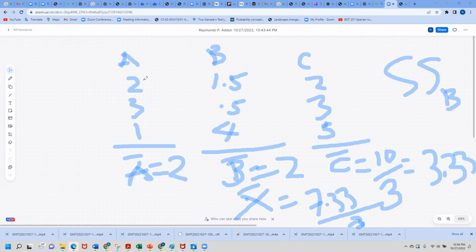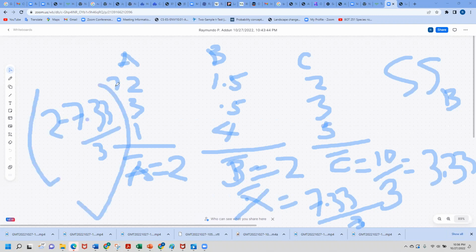So for group A, or A bar, the first term would be 2 minus, what's the grand mean? 7.33 over 3. Then you square it to get rid of the negative. That's 1.